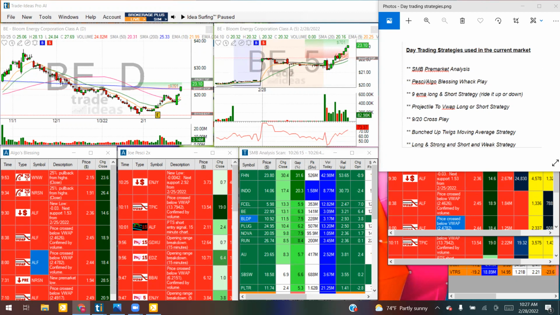All right, when one stock has shown up on the SMB scan and the 9 EMA ride up scan, does that add more volume due to consolidation in pre-market? First of all, that's a good question, and the answer is yes. And let me explain why. Remember what we said about the SMB scan earlier.